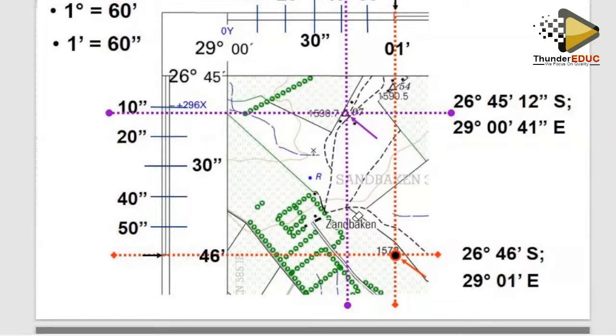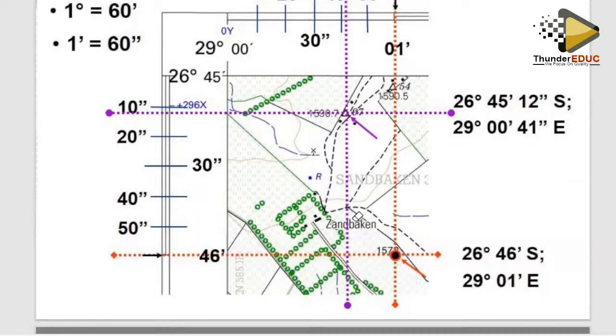What you only need to add is the seconds: the second value for latitude south, and the minute and second value for longitude to the east. That is only what you're supposed to calculate.